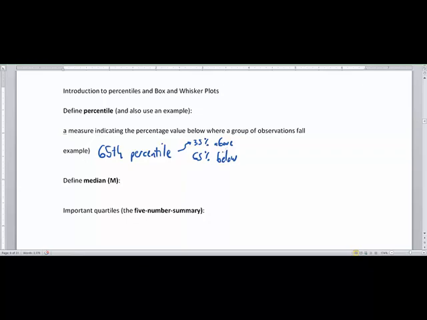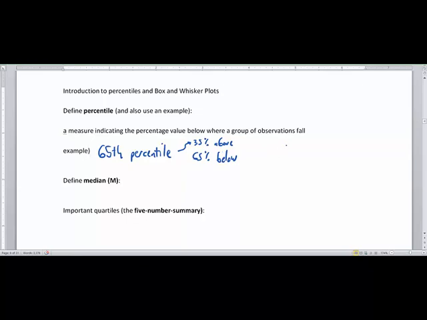So if they said to you, hey, you're in the 80th percentile for your height or weight or intelligence or your ability to run a certain distance in a certain time, that means you're in the top 20% because there's only 20% higher than you and there's 80% below you.